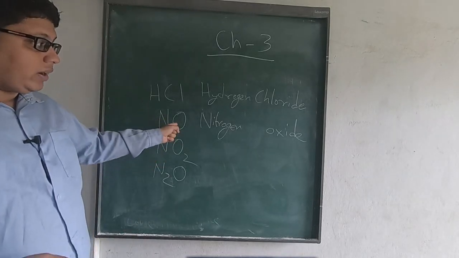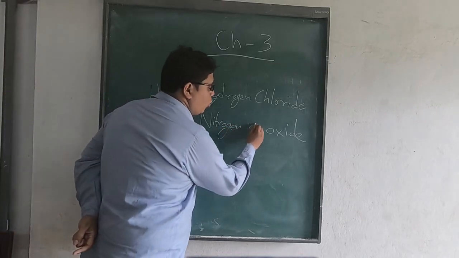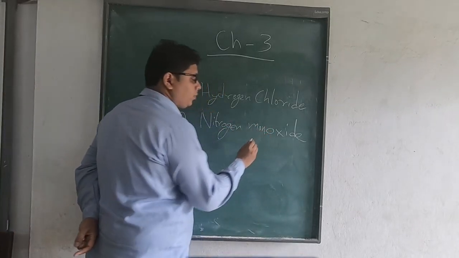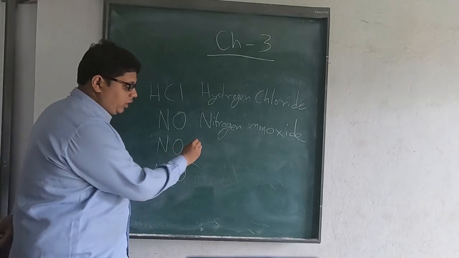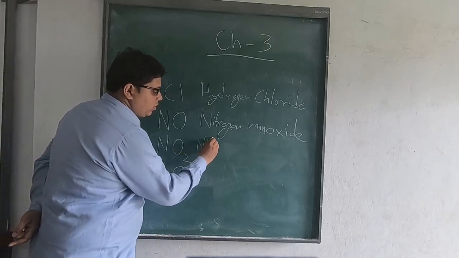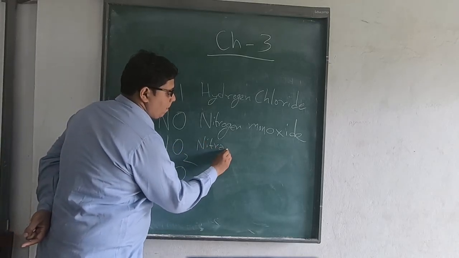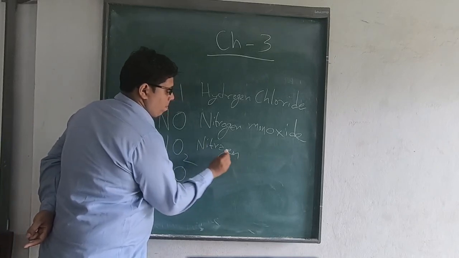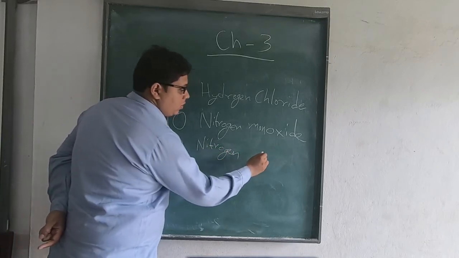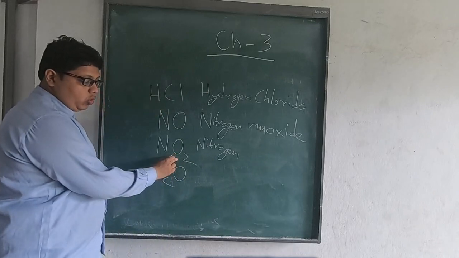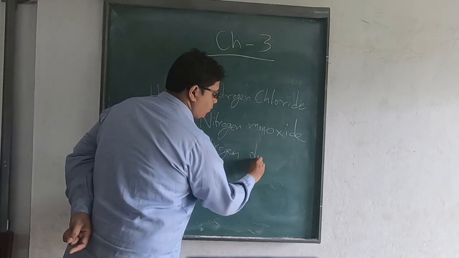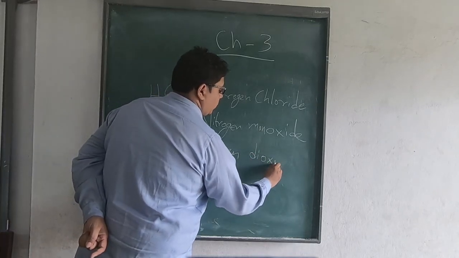So for one oxygen we can write monoxide, okay, monoxide. And for the second one we can write in a similar fashion nitrogen, but here since there are two oxygens, we can write dioxide.